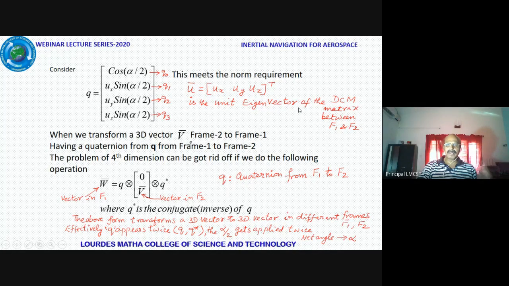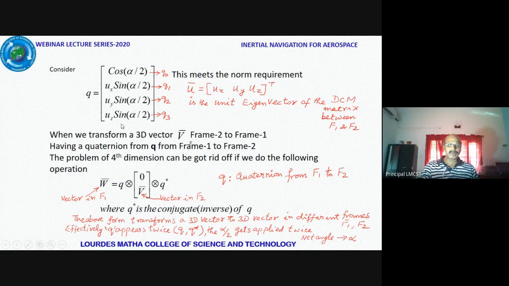In the very second class, I think, I was talking about this eigenvector in our coordinate transformation. See, it is coming again. And this is nothing but the eigenvector of the DCM matrix between these two frames. And that is this one. Of course, that unit vector is scaled by something else, but you don't worry, the direction is not changed. So observe, this particular point is very, very important.